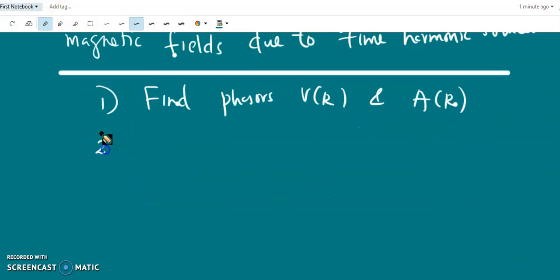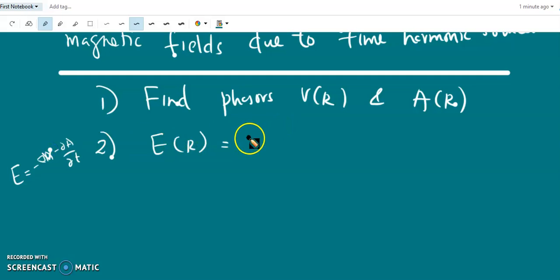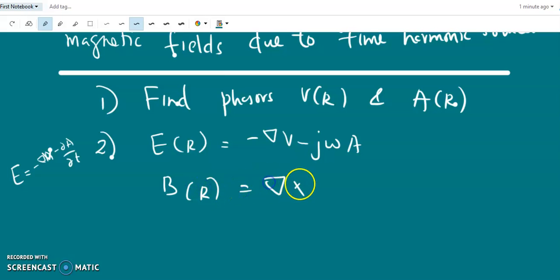Then we have to find the corresponding field phasors E of r. We know that E is equal to minus del V minus dou A by dou t. So in phasor notation, E of r is equal to minus del V minus j omega A, where dou by dou t is replaced by j omega. And B of r is equal to del cross A itself. So these are the field phasors.